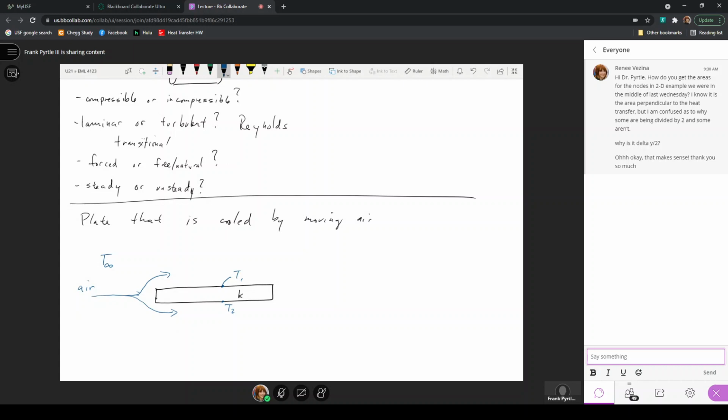And so we want to consider, what must the heat transfer coefficient be based on these quantities that are specified? What are the heat transfer coefficients in the air?